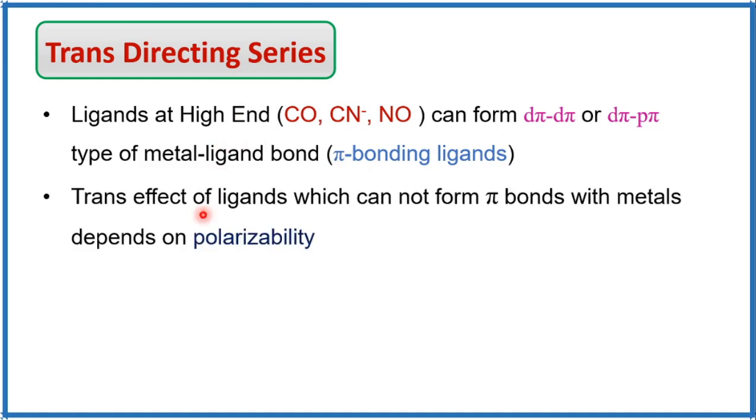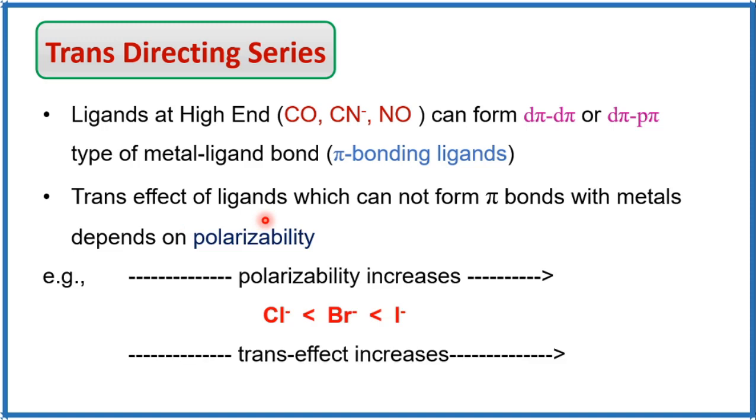Some of the ligands, as we have already seen, cannot form pi bonds with the metals, but their trans directing ability depends on polarizability, that is, how much they can influence the polarity of the metal. For ligands like chloro, bromo, iodo, the trans effect depends on polarizability.